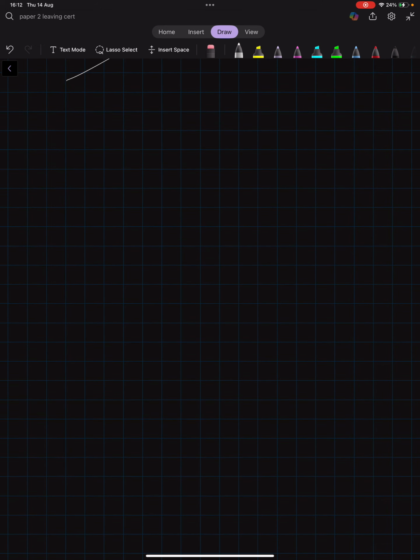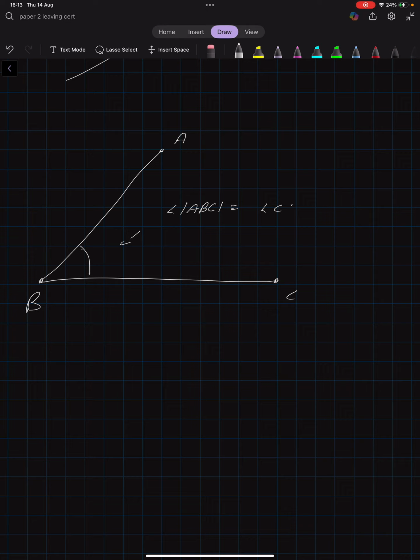So if you have, say, this is B, this is C, this is A, and you want to write this angle, you would say that this angle is equal to angle ABC, or you'd say it's angle CBA.